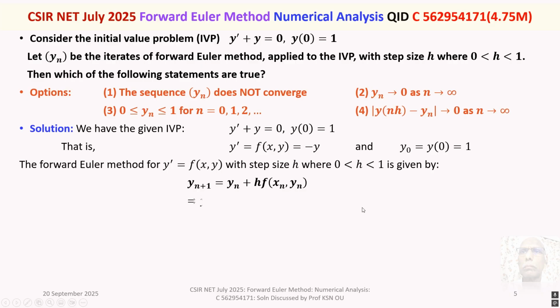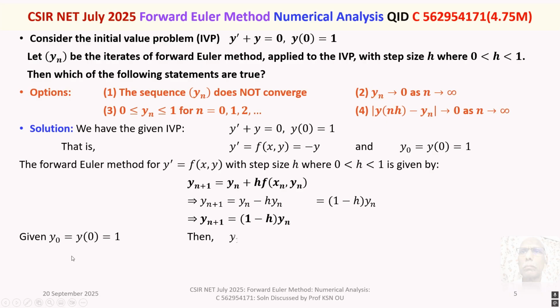Since f of x comma y is minus y, f of xn comma yn will be minus yn. Therefore, minus h times yn, and yn is common, so 1 minus h multiplied by yn. Thus we got yn plus 1 is equal to 1 minus h multiplied by yn.